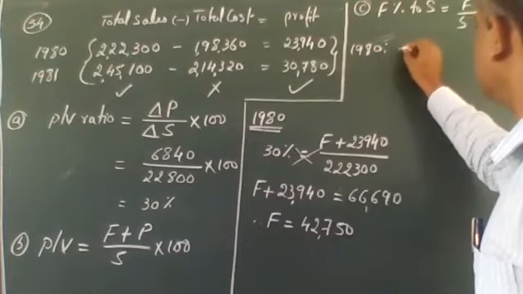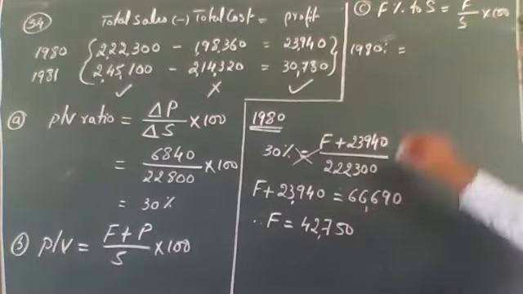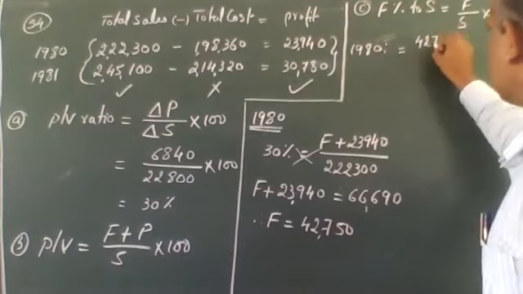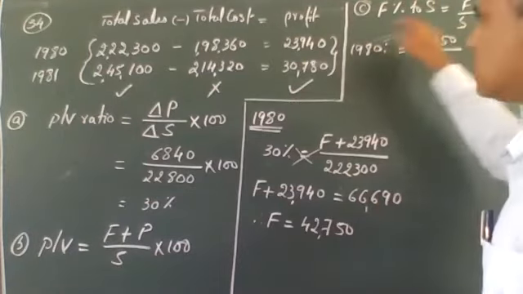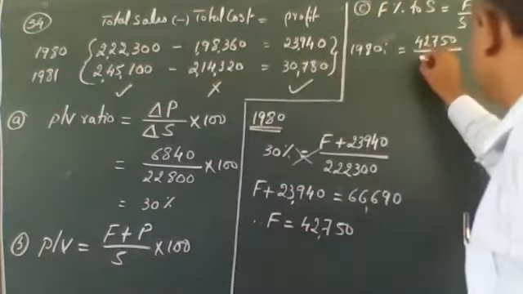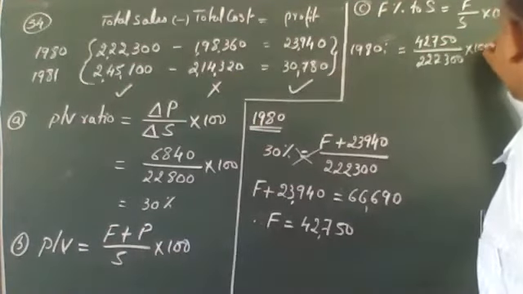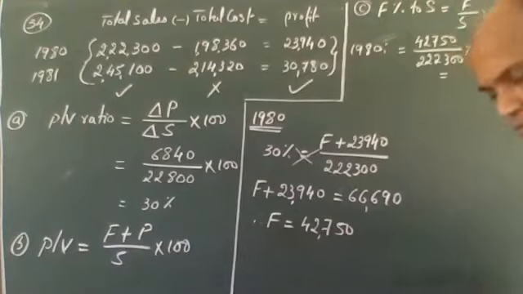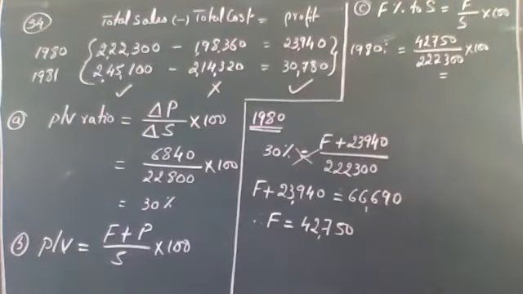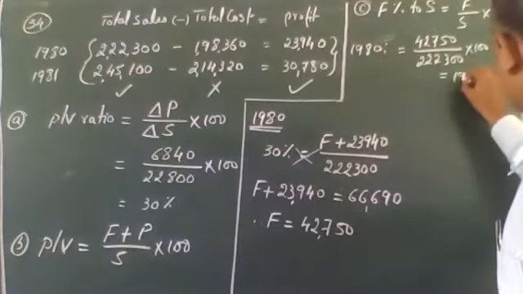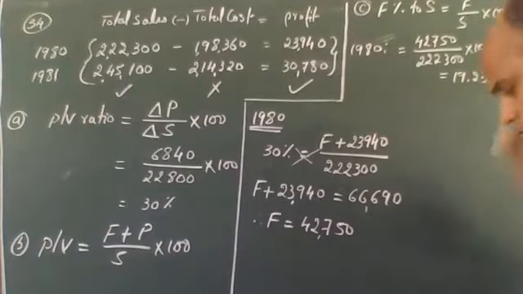For 1980, fixed cost is 42,750 upon sales of 1980, which is 2,22,300, expressed as a percentage. That gives us hopefully 19.23%. That's what the answer says.